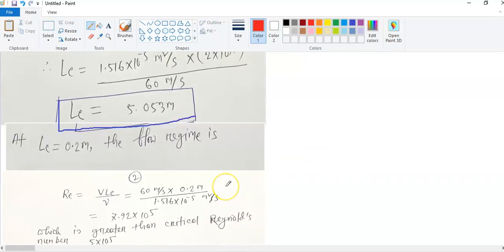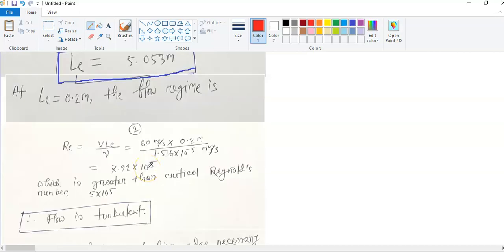So we will calculate the Reynolds number when L_c, the characteristic distance, is 0.2 meter.